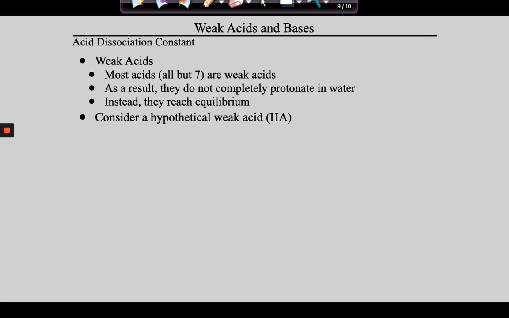Consider the hypothetical weak acid HA, which kind of brings us back to that question that Daniel and Josh got us thinking about. Please write the balanced equation that represents the protonation of this acid, and do not include water.